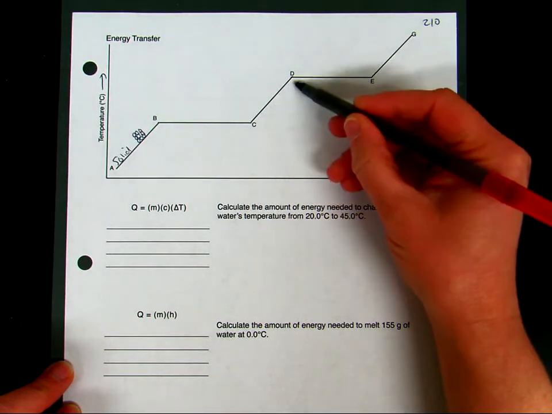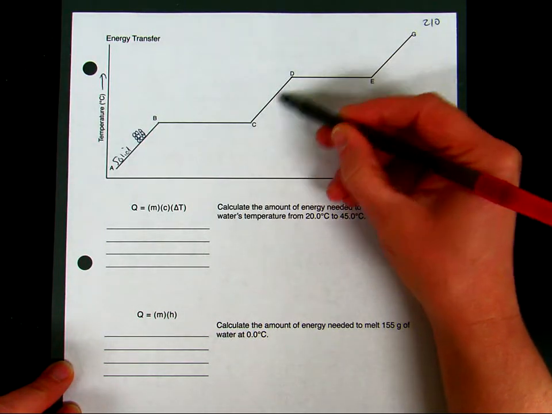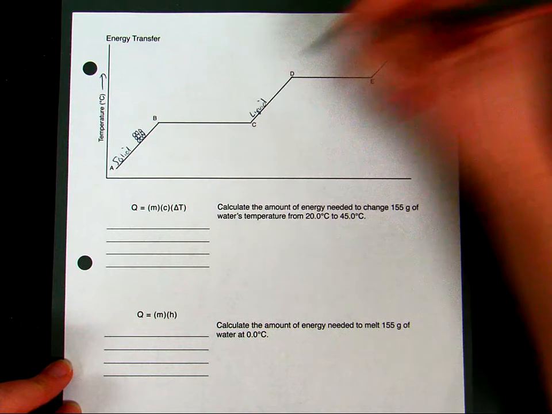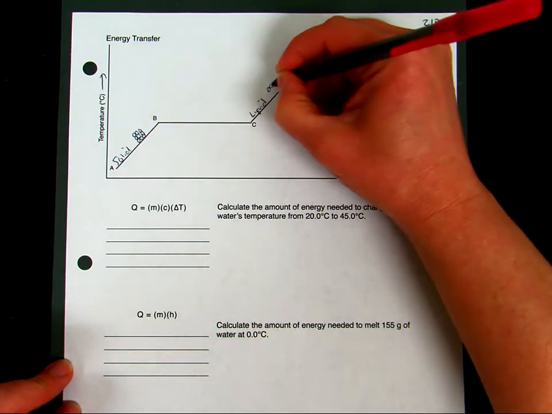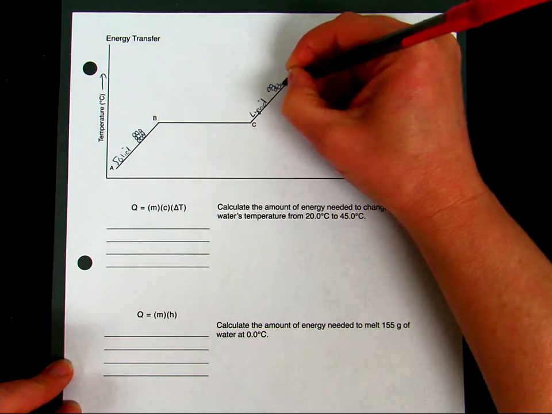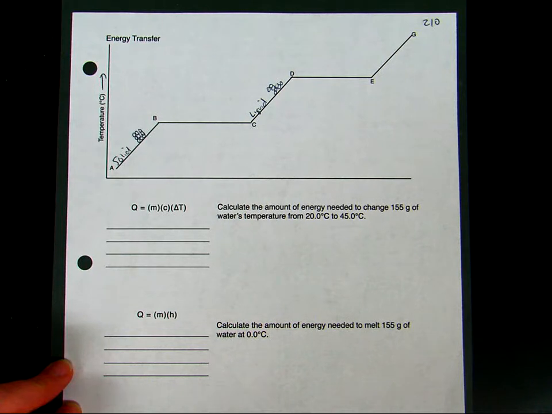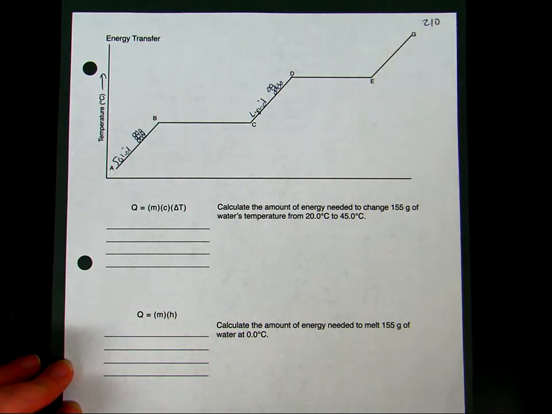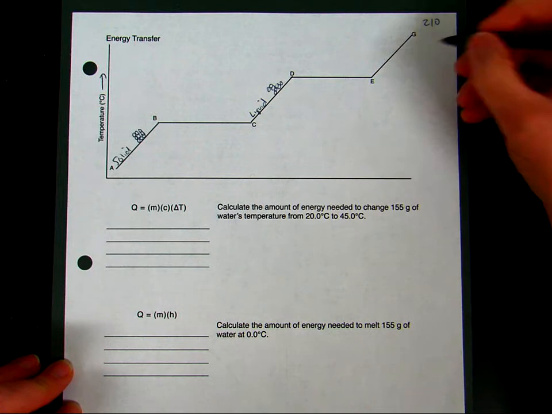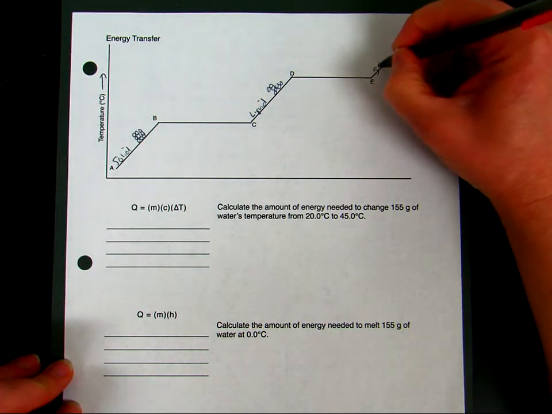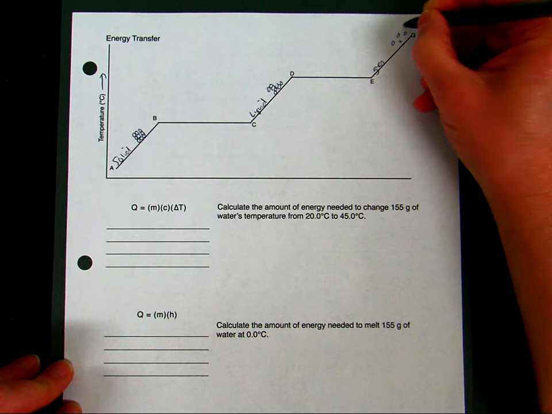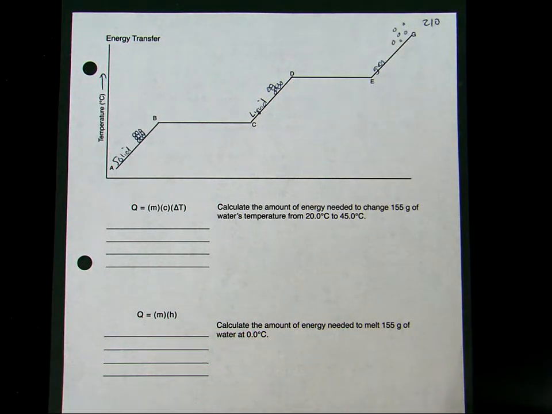Segment CD is in the middle of the temperature range, so this probably represents when our sample is a liquid, and we'll draw a very messy particle diagram. And then segment EG is in the highest temperature range, so this would represent our sample in its gaseous form, and particle diagram, no touching allowed.